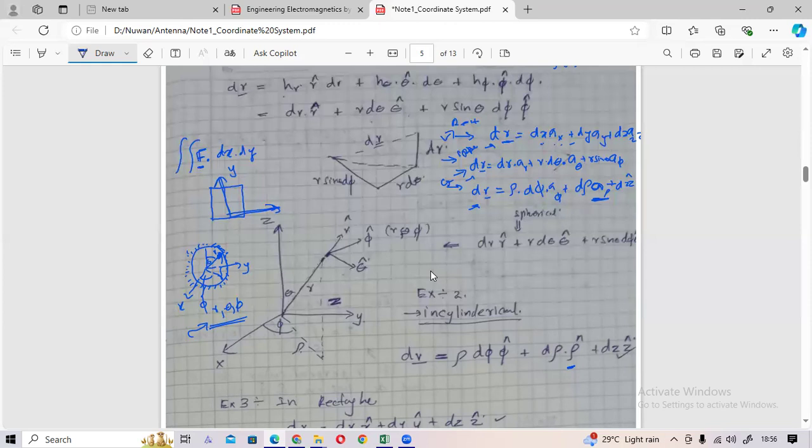You need to evaluate the surface integral. So when you are evaluating the surface integral, in which direction should you do that evaluation?